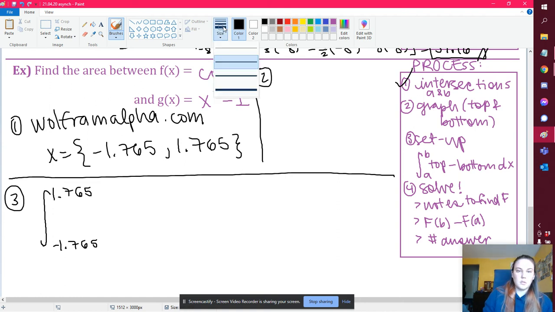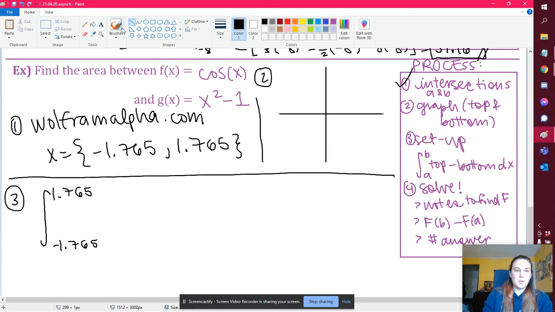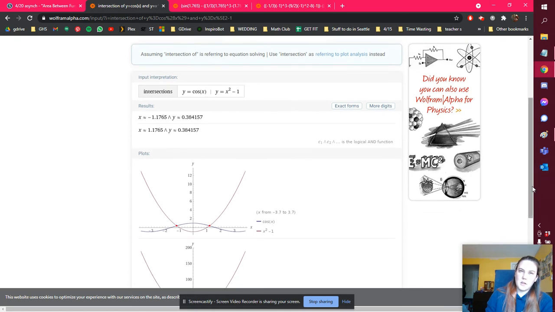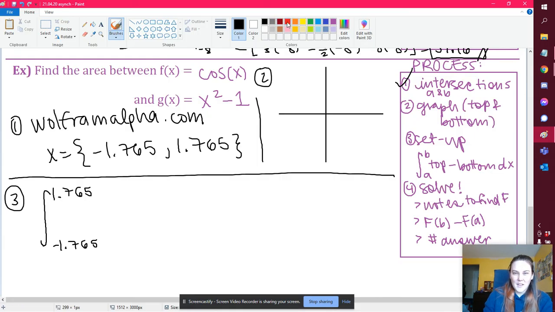All right, number 2, let's graph this. Again, this is the computer version, so I'm just going to go on Wolfram Alpha and say graph of these 2 things, or to be honest, the graph's right here. So I will call cosine red, I'll call x squared minus 1 blue. I will draw in cosine first because I like it better. And it's first.